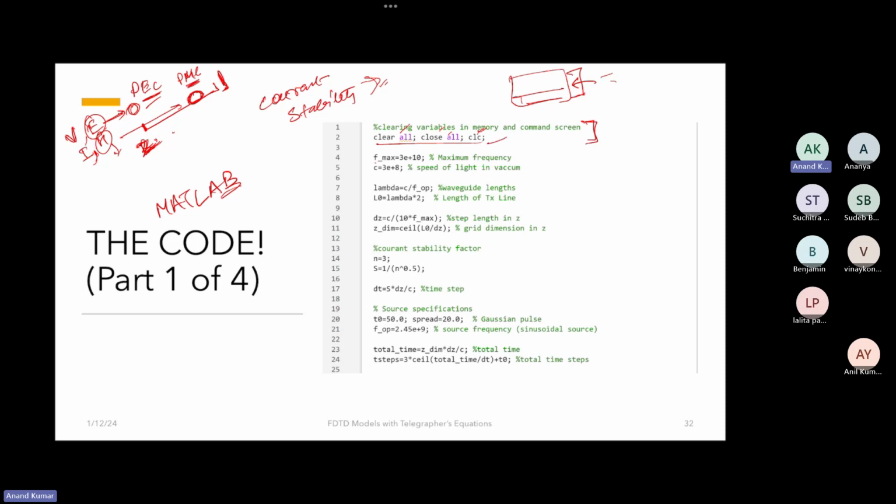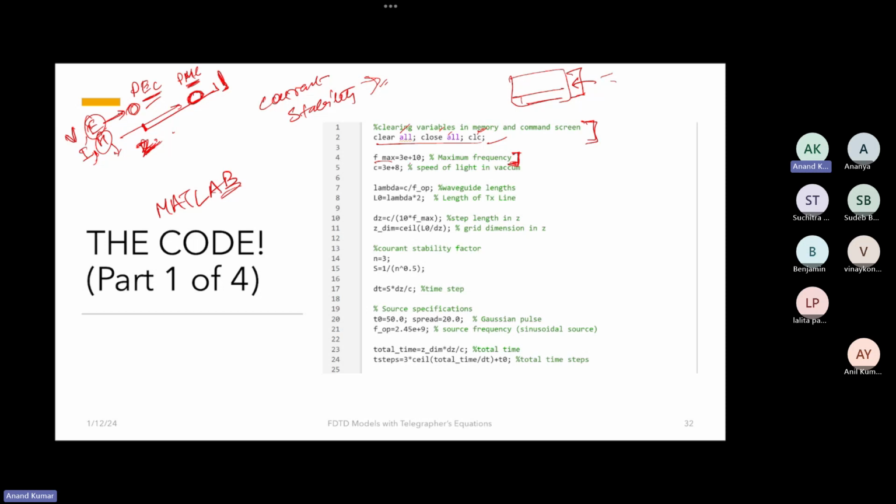Now Fmax. This is how I write the code, not any strict criteria of how you write the code. I usually prefer to assign the maximum frequency up to which the FDTD code will be handling the frequencies, and up to which frequency it should be stable.